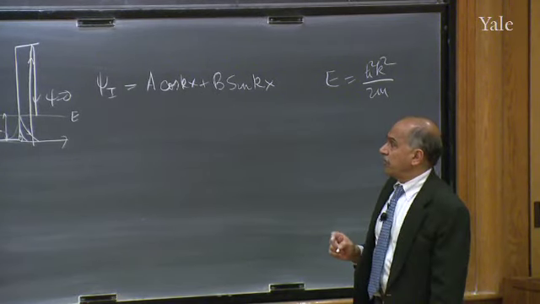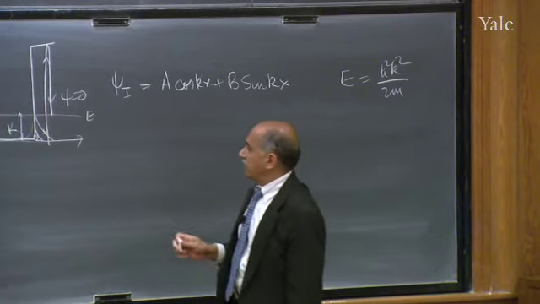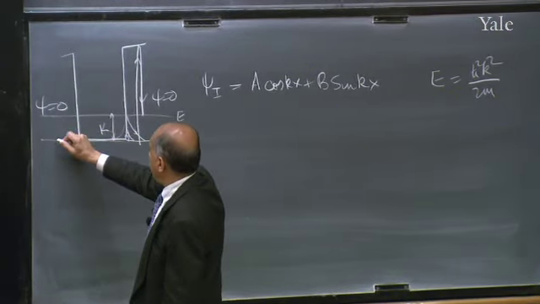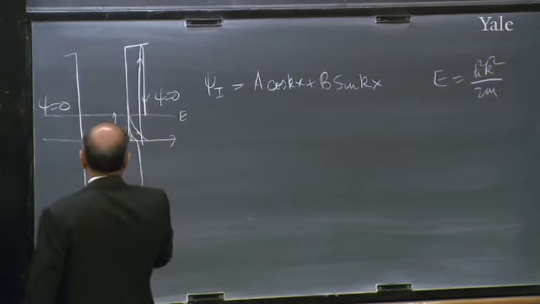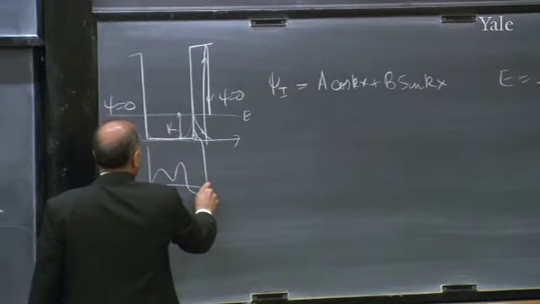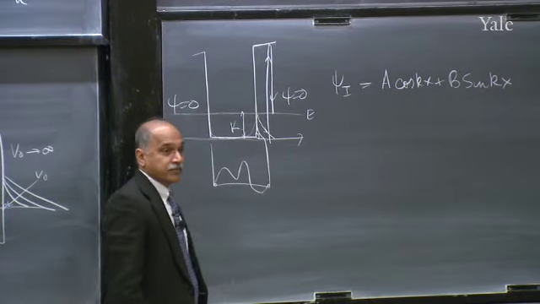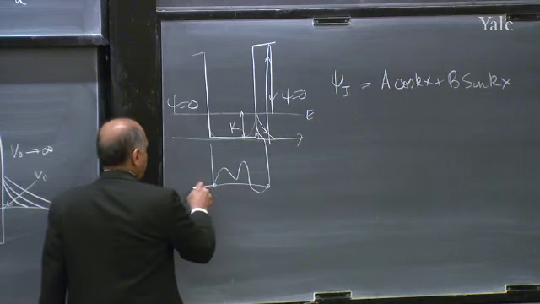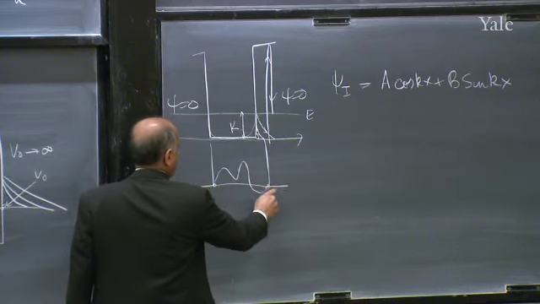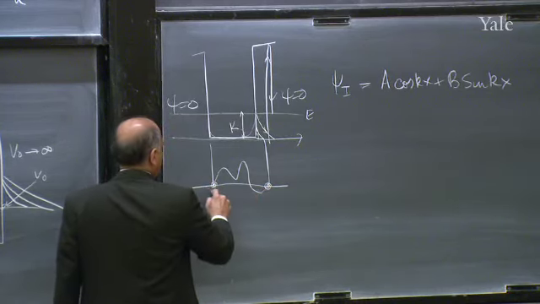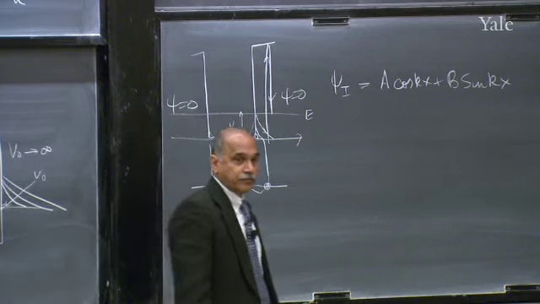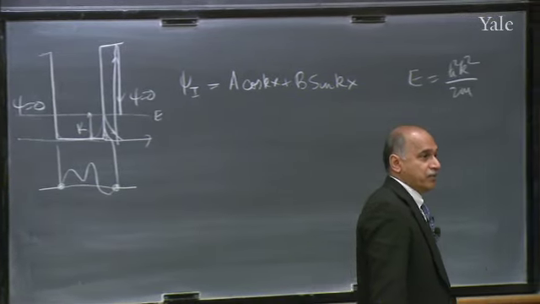But now we have an extra restriction. If you draw the function in this well, it can do whatever it wants, but it must vanish at the two ends, because it's 0 here and it is 0 here. Just by continuity of psi, every psi that's allowed must vanish at the two ends. That's the new restriction.